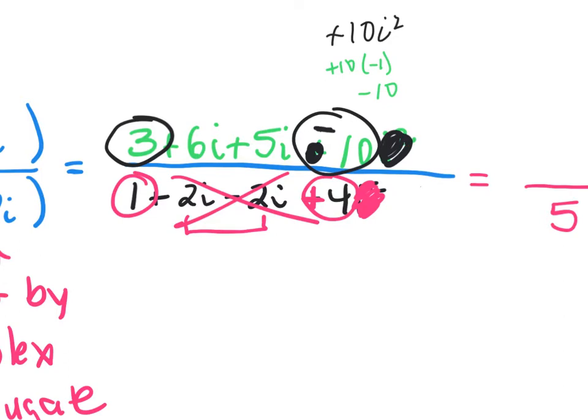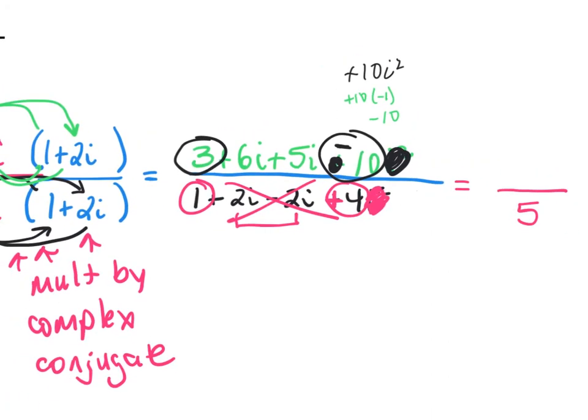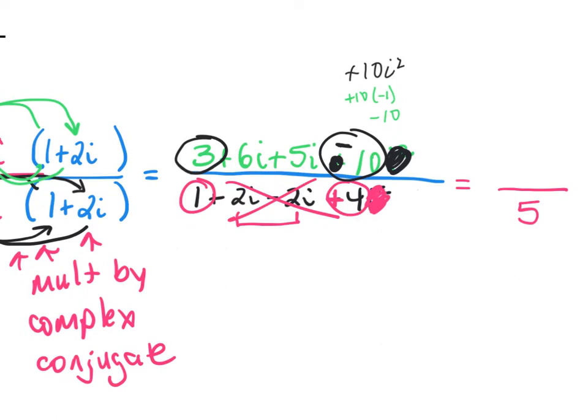So when you have i squared, all you're doing is multiplying the number with the i squared by -1. In a sense, you're just crossing out the i squared and changing the sign, because when you multiply something by -1, it changes the sign. Does that make sense? Okay, I'll do another one then.